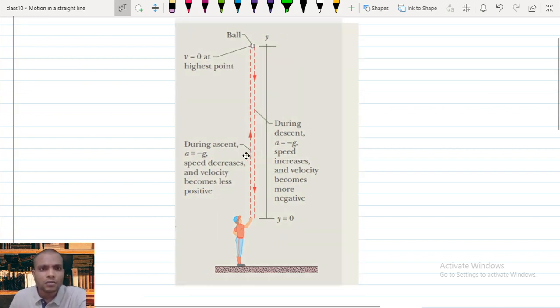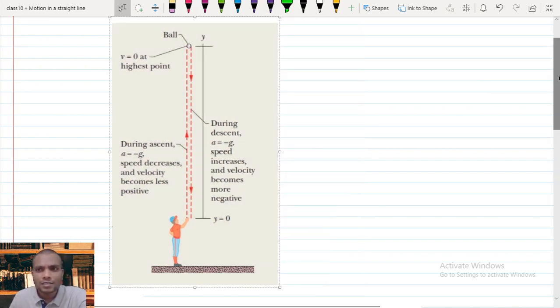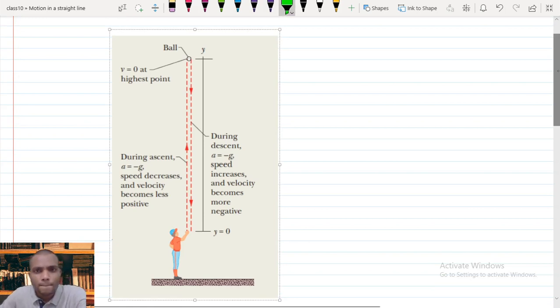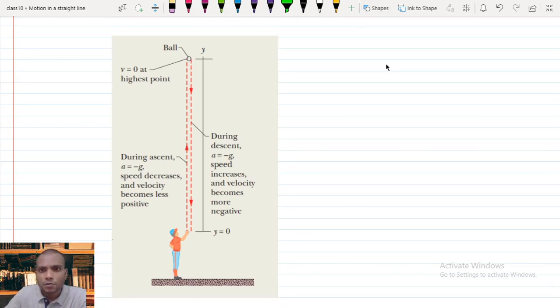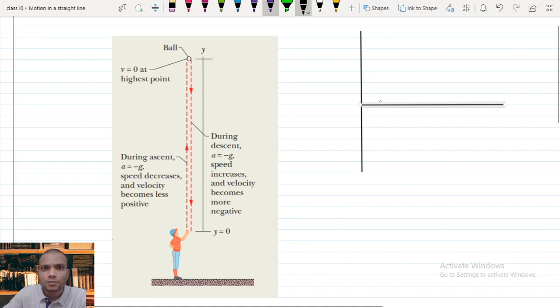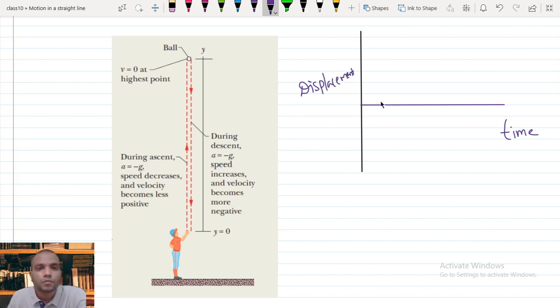So let us try to draw the graphs for this case. First I would like to draw the displacement versus time graph. This is displacement along the y-axis, and this is the time axis.